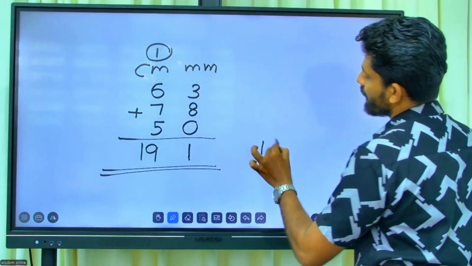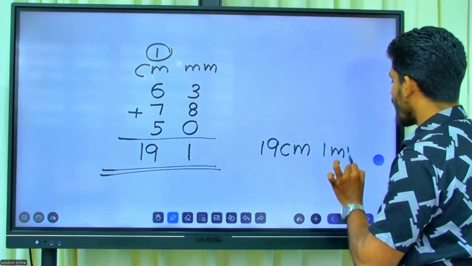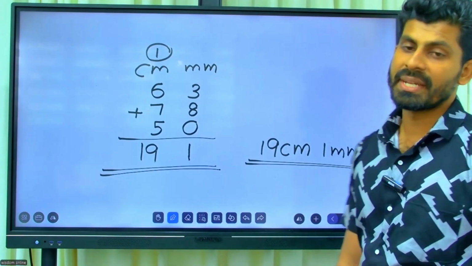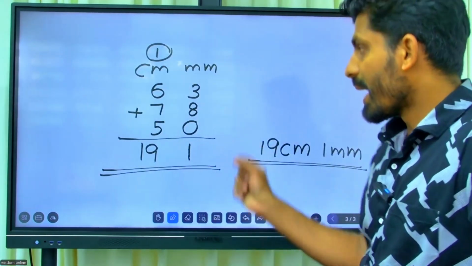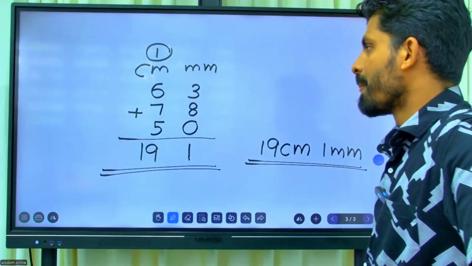So that means 19 centimeter 1 millimeter is the answer.